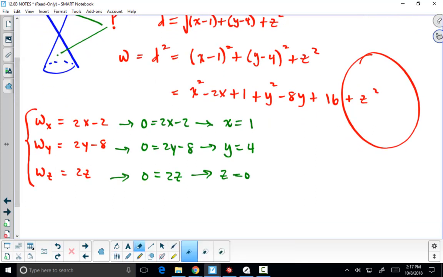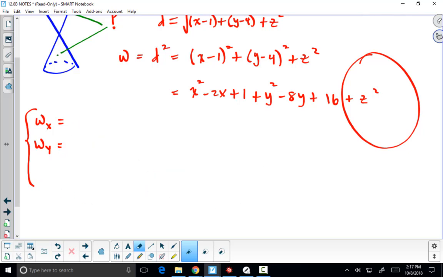So that's what we do. We'll erase this stuff. We do want to be partially differentiating the distance formula, because that's what we're trying to minimize or maximize. But we have to somehow incorporate the object that we're finding the distance to.